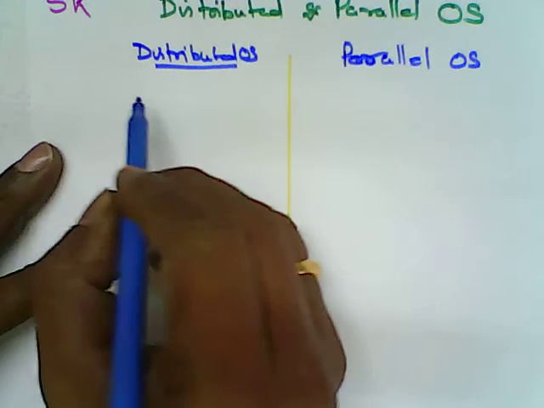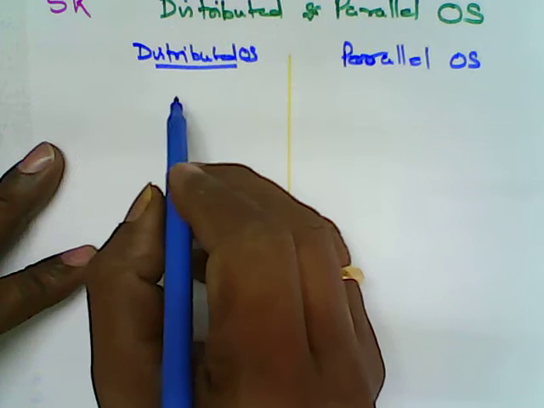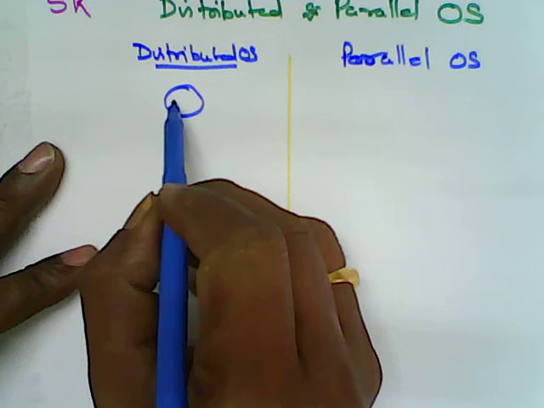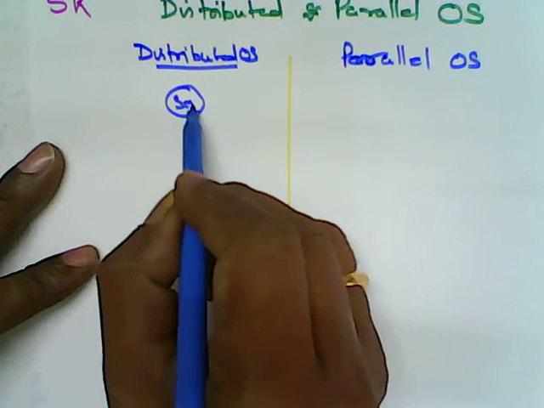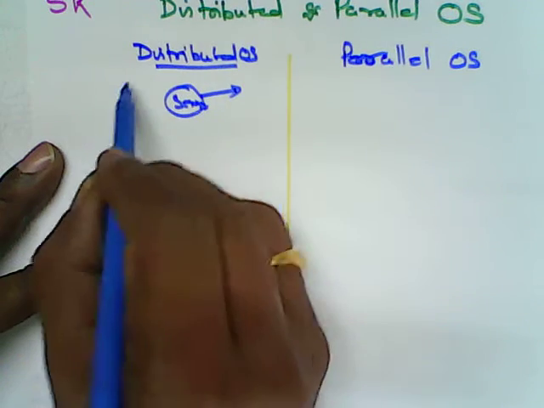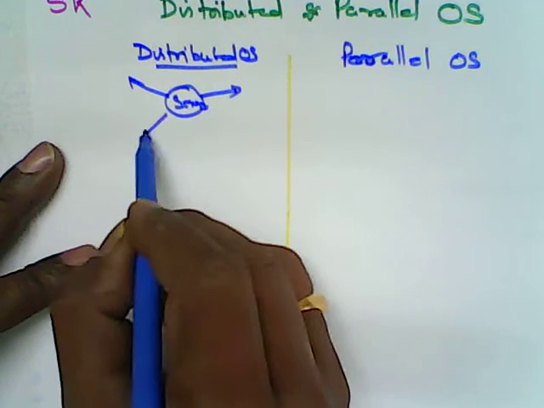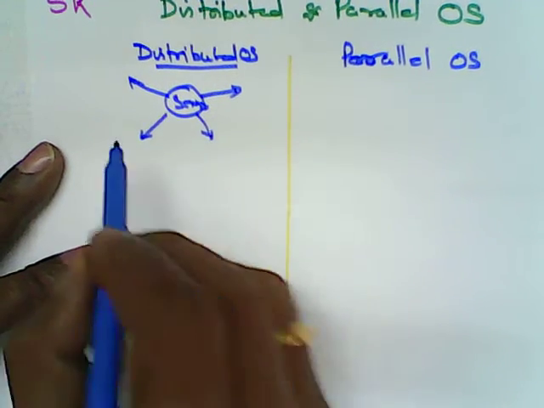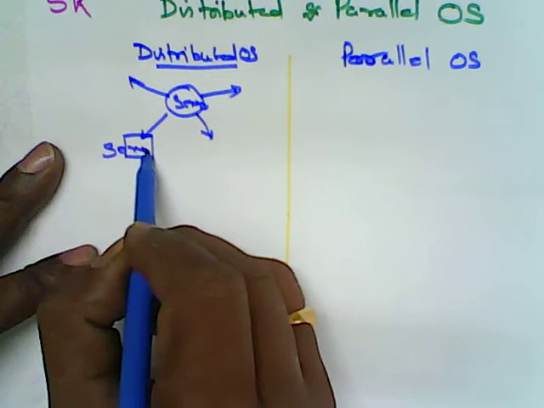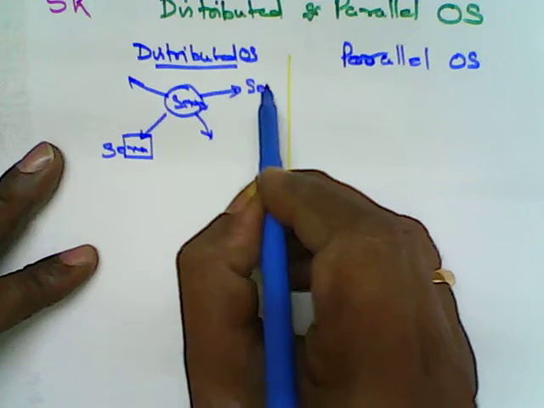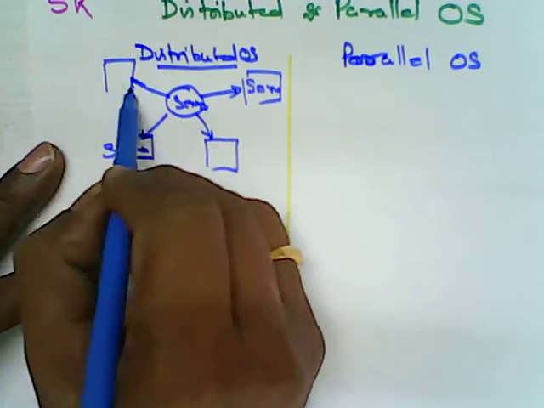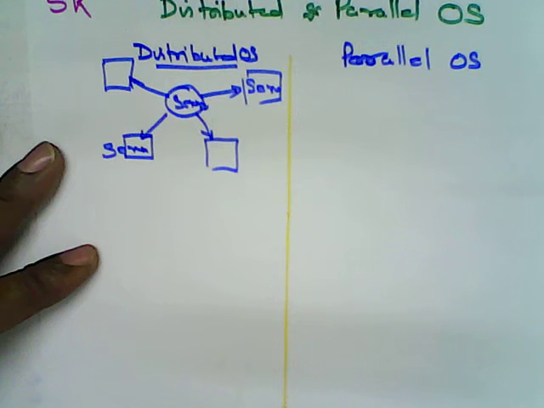So in a distributed operating system, we see that if this is a main server, it will be linked to a number of other servers in a star form or in a mesh form.